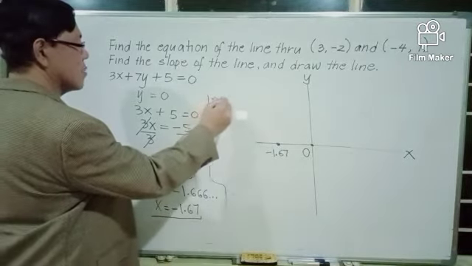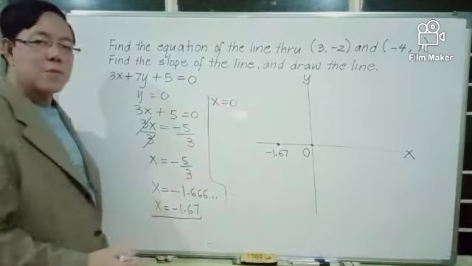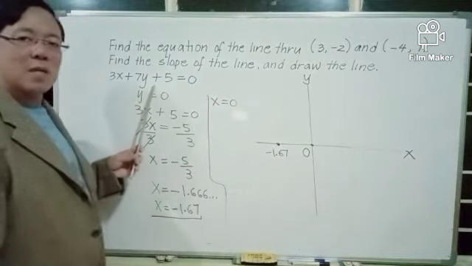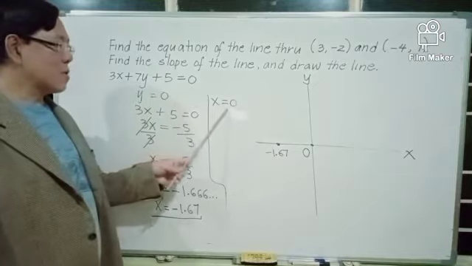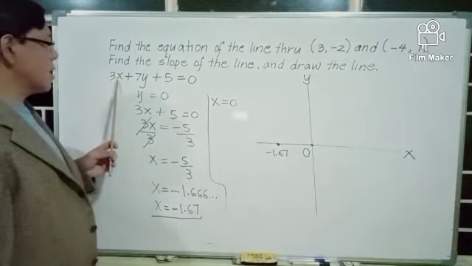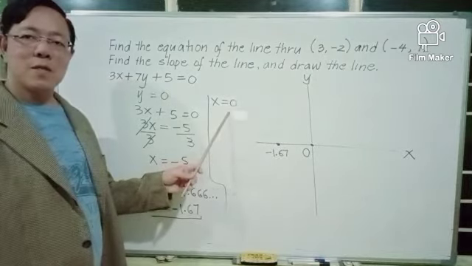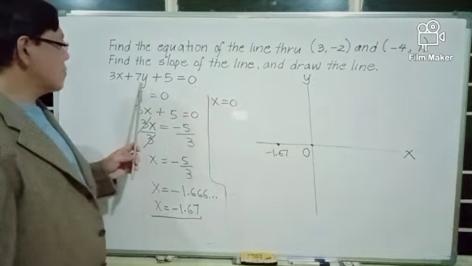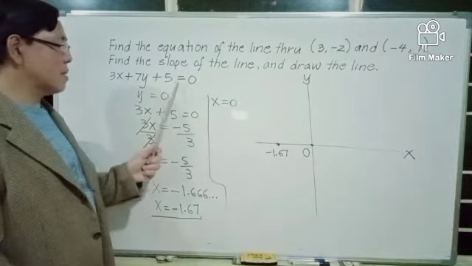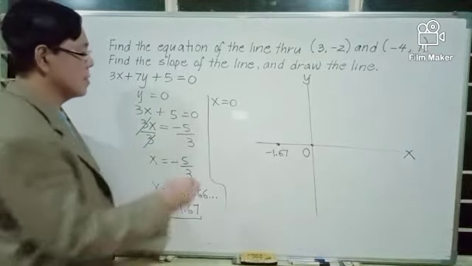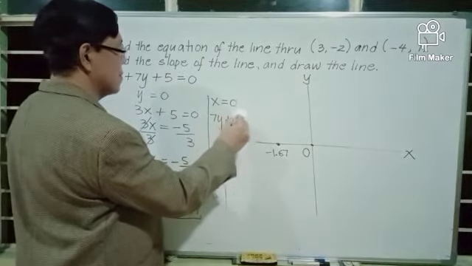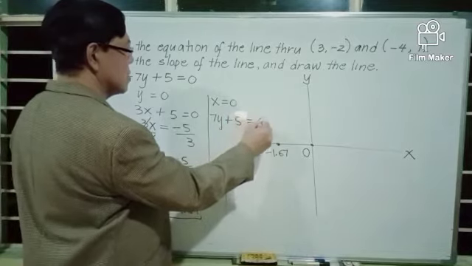If x equals 0, we substitute x equals 0 into the equation of the line. If x equals 0, 3x will go, because 3 multiplied by 0 is 0. And we are left with 7y plus 5 on the left hand side equals 0. 7y plus 5 equals 0.